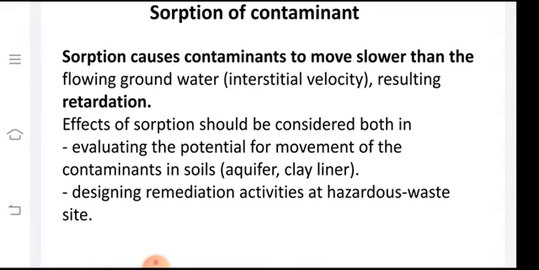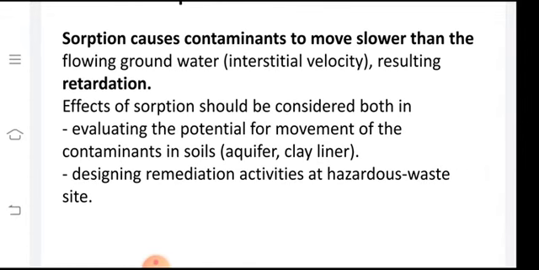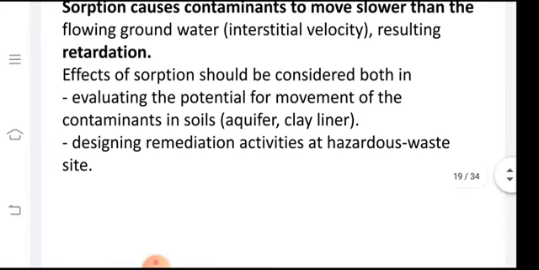So if the sorption is there, it directly links with the retardation. More the sorption, more the retardation, lesser the movement.